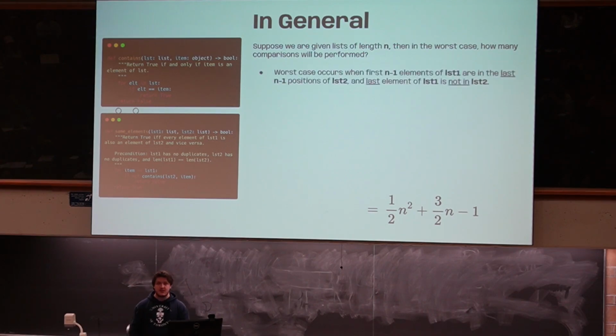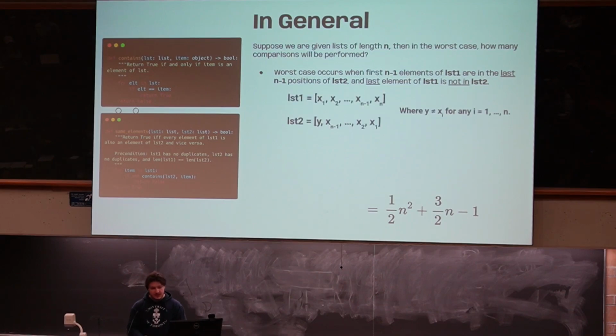So the worst case occurs, like we were saying, when the item is the last element in the list. So when the first n-1 elements are in the last n-1 positions of the second list, that requires the most amount of comparisons, because we're going to go through the first one, and it's going to be true, but it's always going to cause the most comparisons because it's going to be the end of the second list. So consider this is our 2 general lists, besides n.